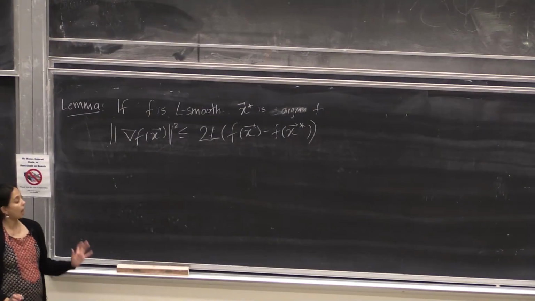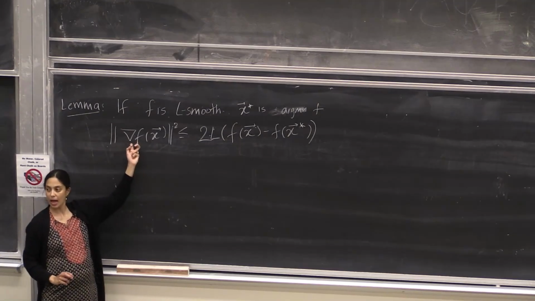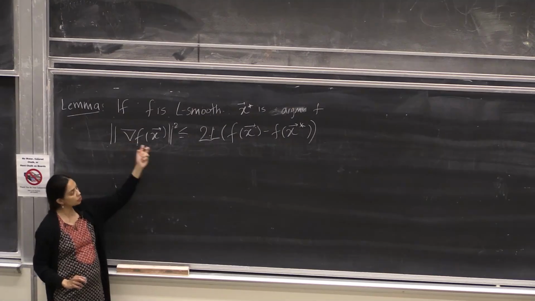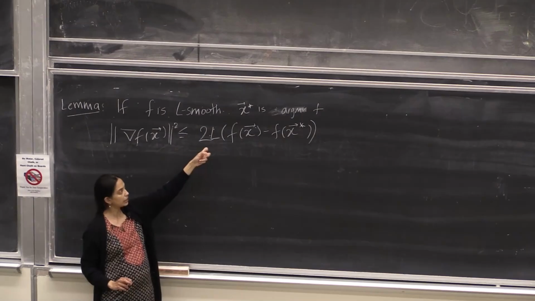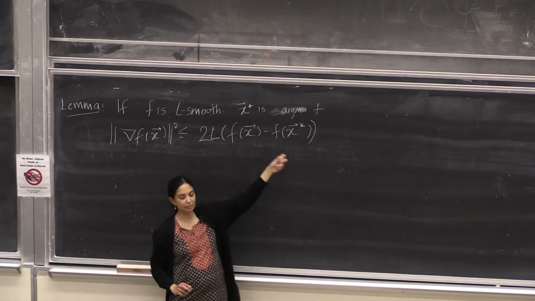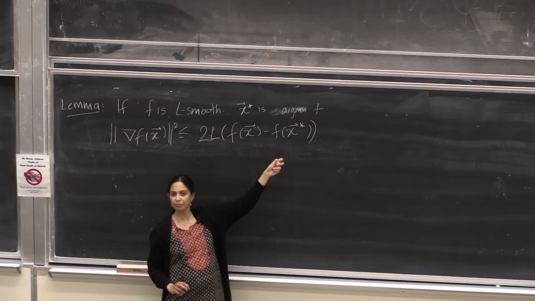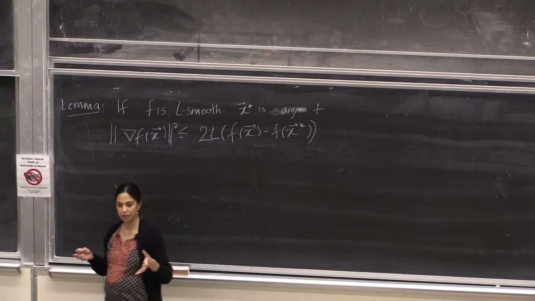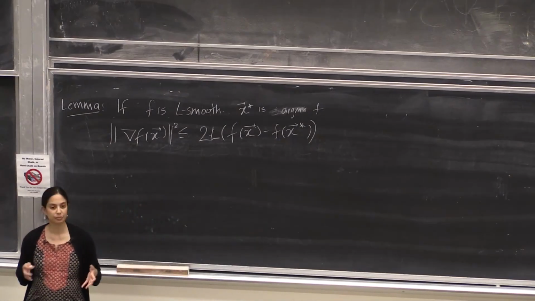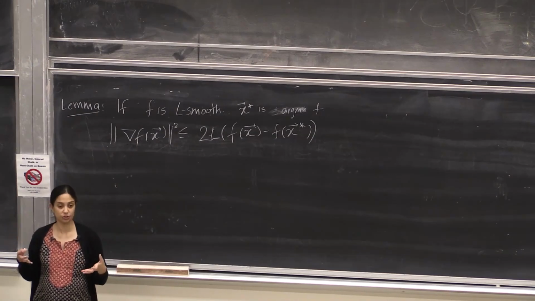Then, basically what I want to say is that the gradient at some point x is always upper bounded by this constant L times my distance from my minimum, right? So if I'm further away from my minimum, my gradient is allowed to be larger. If I'm very close to my minimum, my gradient has to be smaller, right? So this is the thing that is pushing us towards convergence, right?